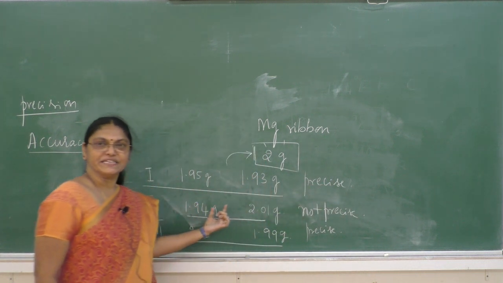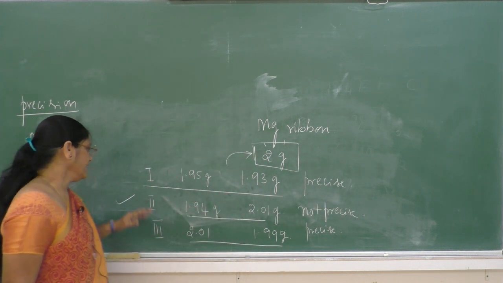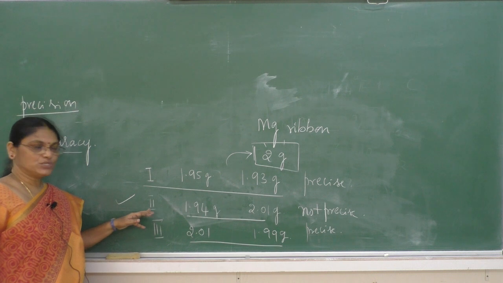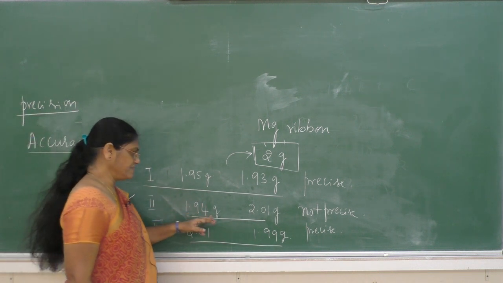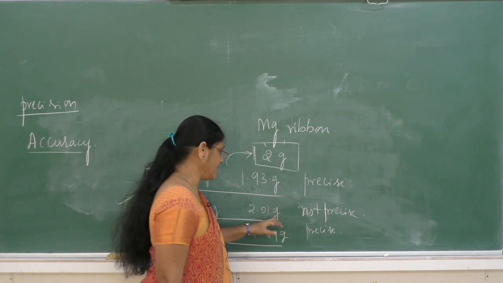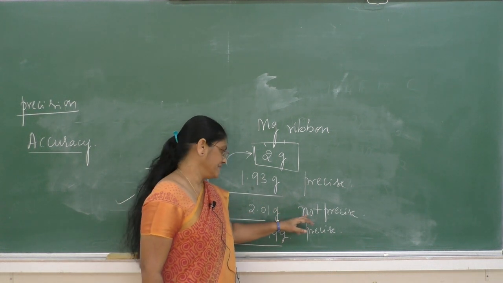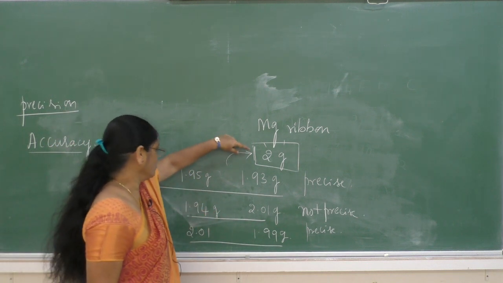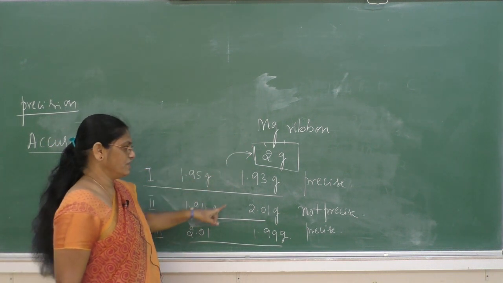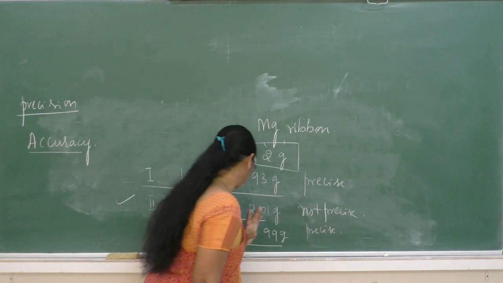The second student's measurements, 1.94 and 2.01, are not close to each other, so they are not precise.